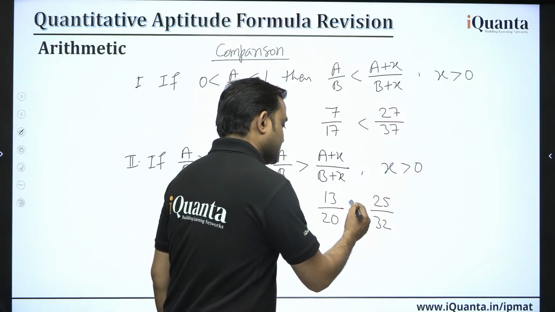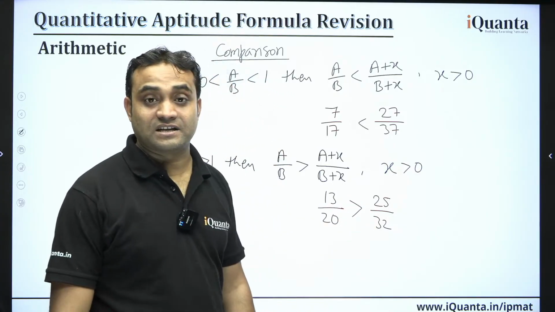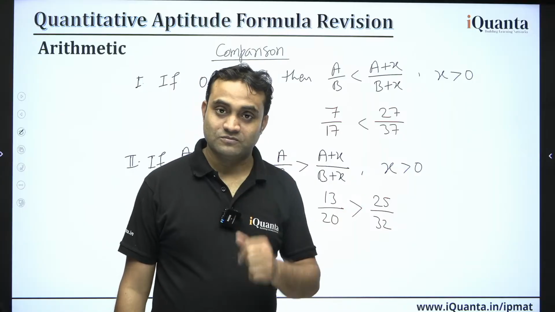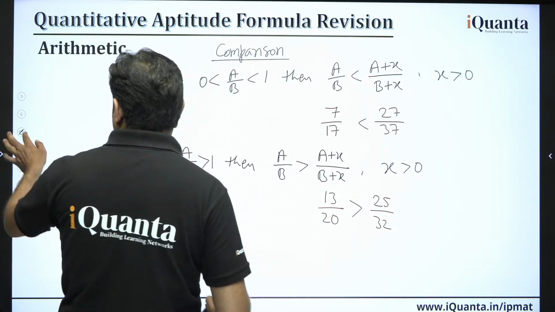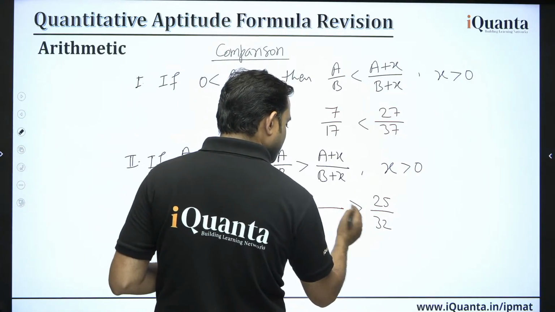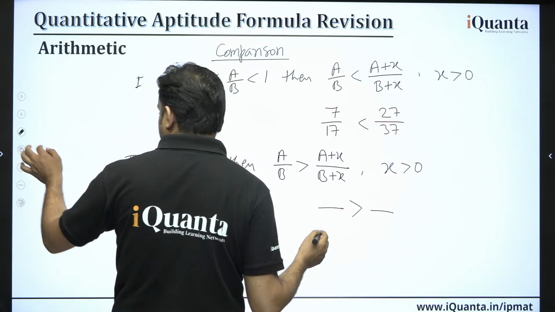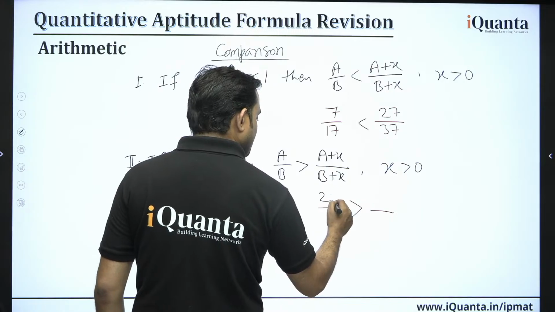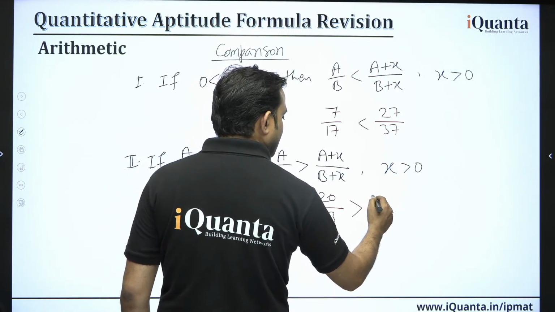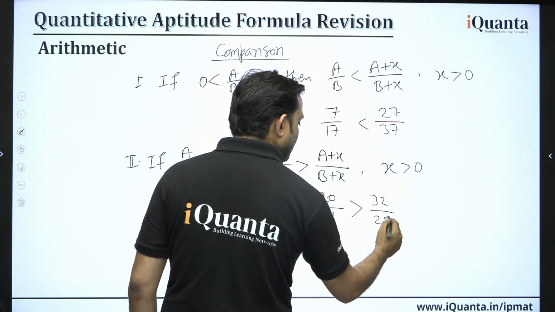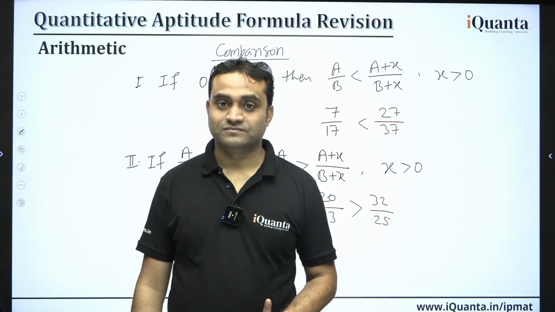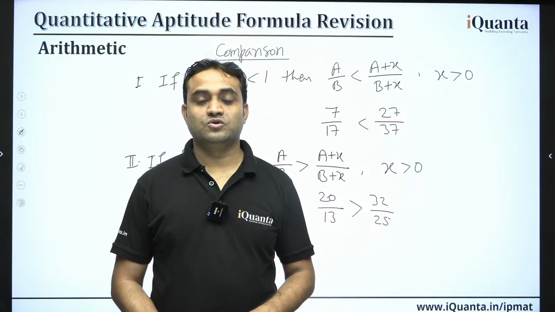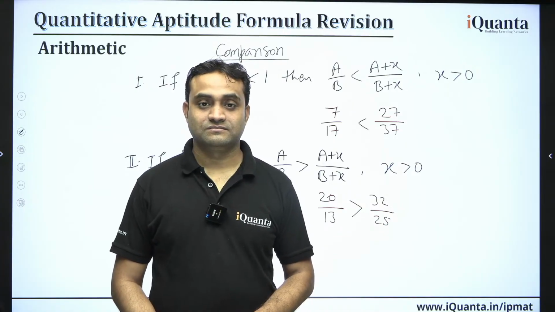Oh, wait a second. I have taken the opposite value. I should have taken this as 20 upon 13 and 32 upon 25. So this value will be greater than this value.